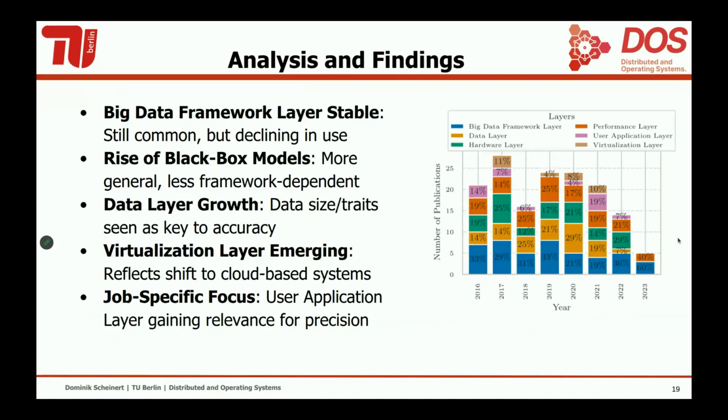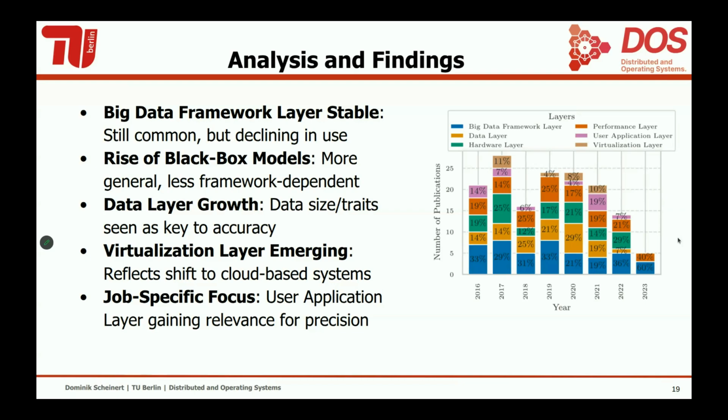And just some more information here to share. We also tried, at some point, to plot these publications over the years. So we selected from 2016 to 2023. As I said, we made this review in 2024. And then we tried to illustrate the percentage values and the proportions here.